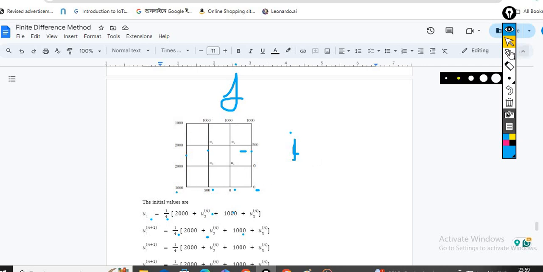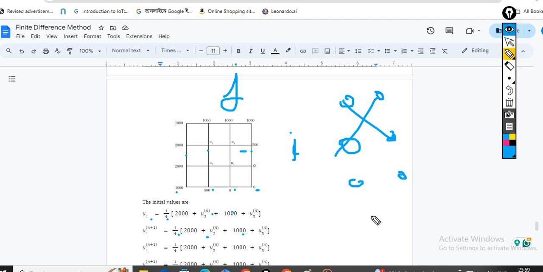Either you can go for the diagonal points, as we just mentioned, or you can consider the standard midpoints. Whichever method seems easier or more favorable to you, you can use that technique.